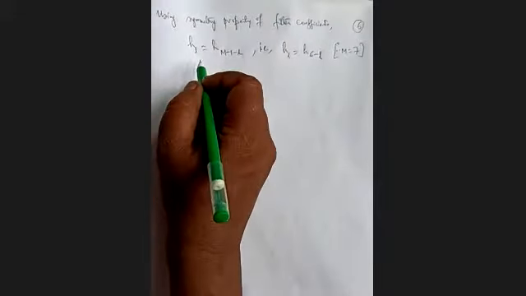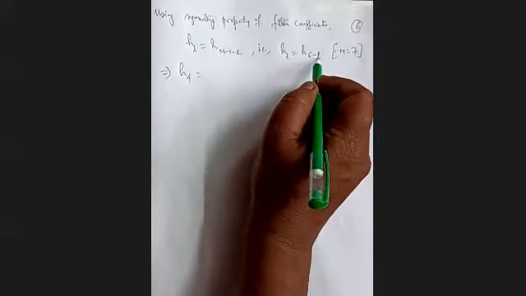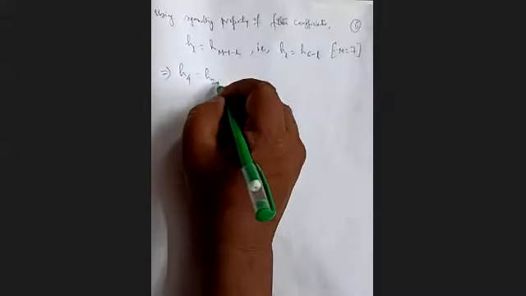So what is our H4? Put L equal to 4. So it is H 6 minus 4, H2. But H2 is already calculated as 0.187.